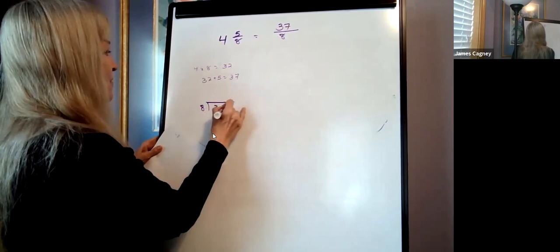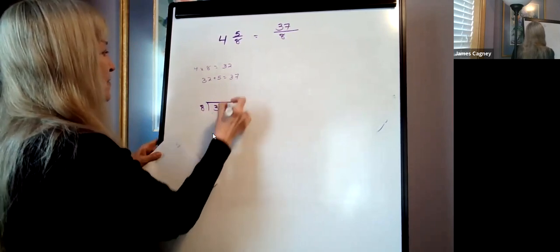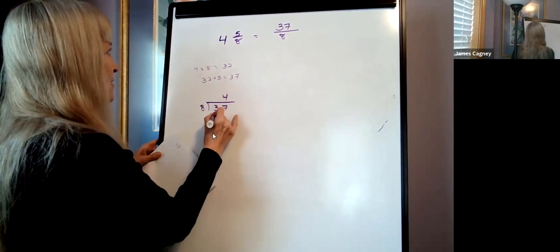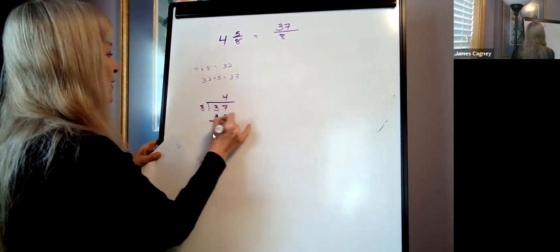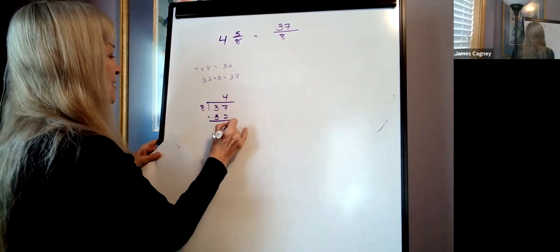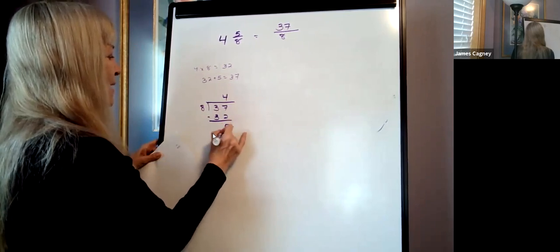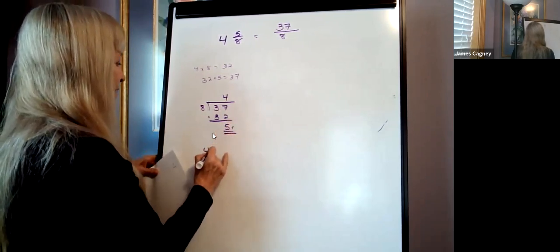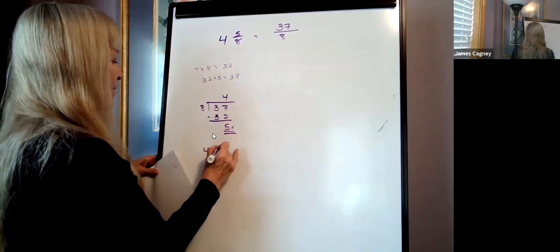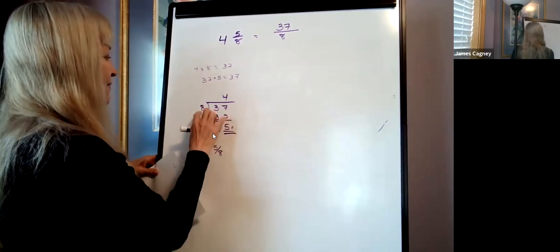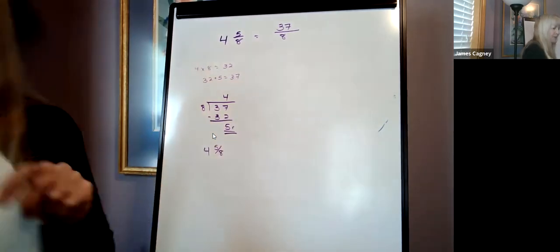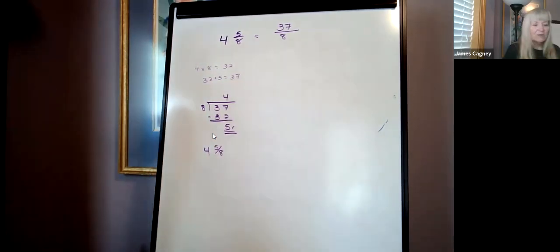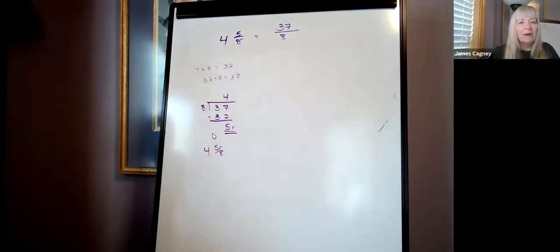If I divide 37 by 8, 8 goes into 37 4 times. 4 times 8 is 32. 37 minus 32 is 5. This is my remainder. So this is 4, and my remainder I could write as 5 divided by 8. So we got the right thing. So remember, you're just going to multiply the whole number by the denominator and then add it to whatever was in the numerator.